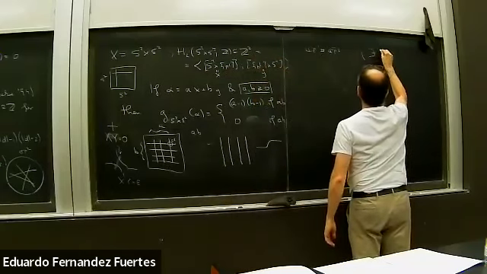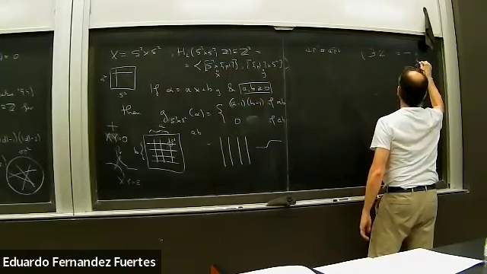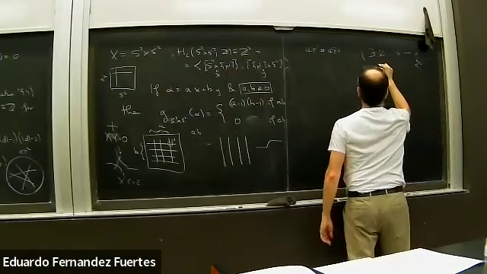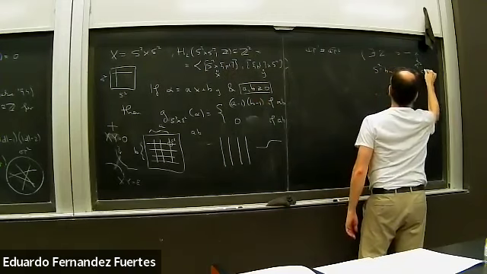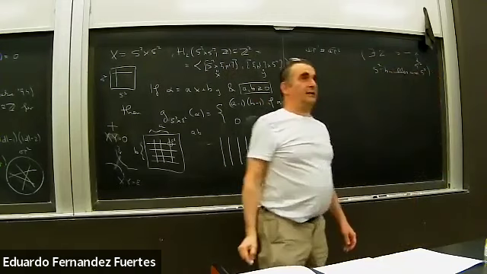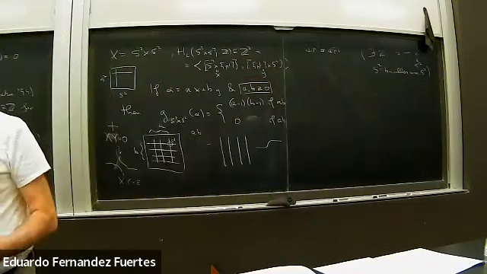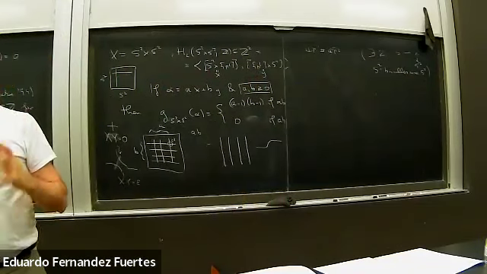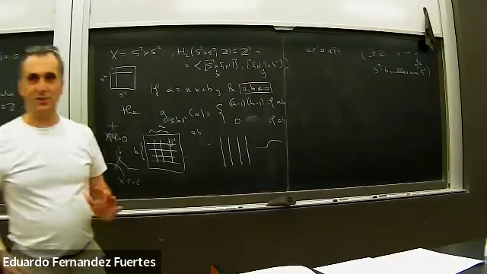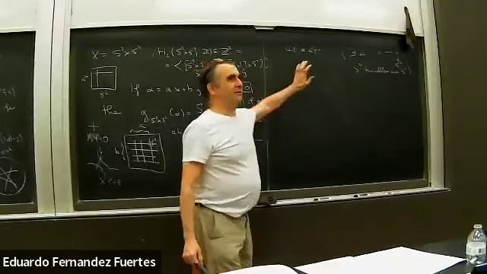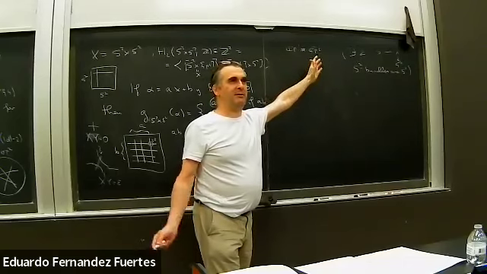So there are two S2 bundles over S2. And you should remember that the reason we have two of those is because pi1 of SO3 is Z2.